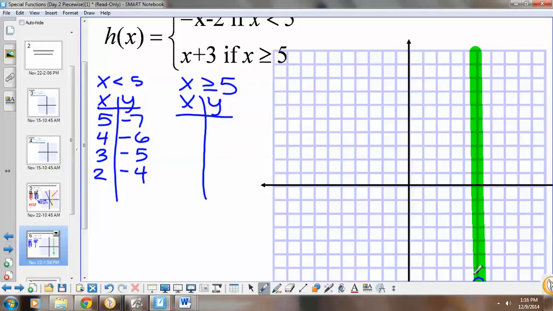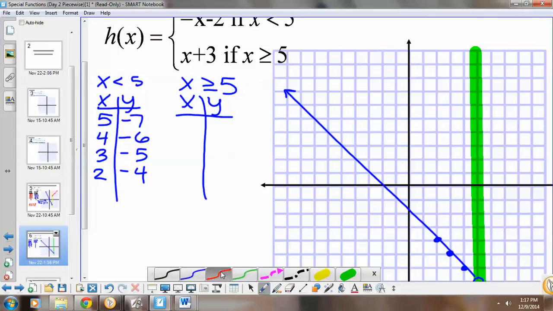We have 4, -6. Remember, this is a ray, we have an endpoint and an arrow going in one direction. We have a defined endpoint, find it.